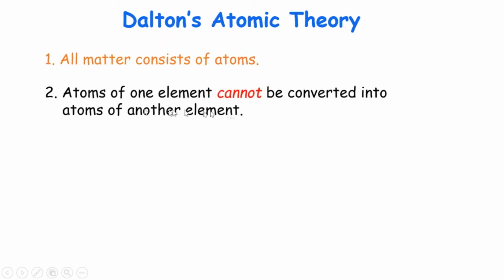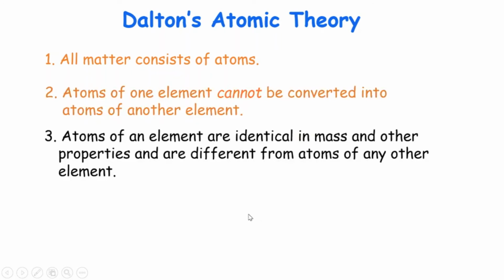Now let's talk about Dalton's atomic theory. All matter consists of atoms. Atoms of one element cannot be converted into atoms of another element chemically. Of course, there are other ways to convert, but chemically, atoms of one element cannot be converted into atoms of another element.